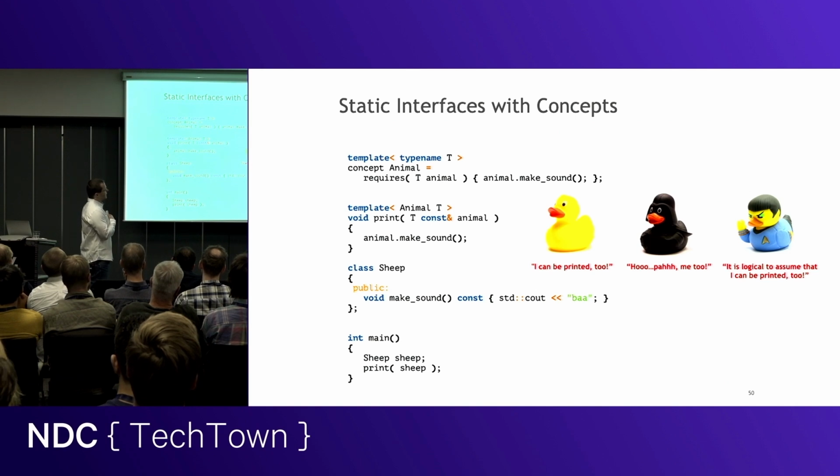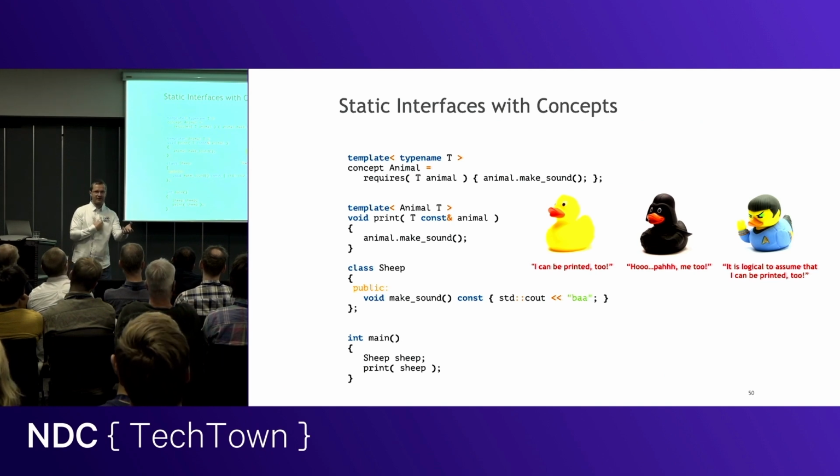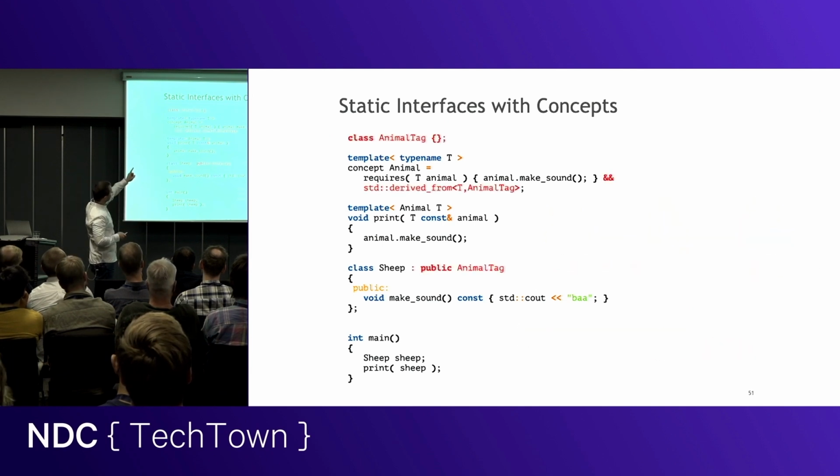So, I admit, yes, the concept idea is a nice one, but we have to do something else. We have to introduce something that really creates a family of types, an explicit family that really knows it belongs together, like a tag class. So I introduce some empty animal tag.